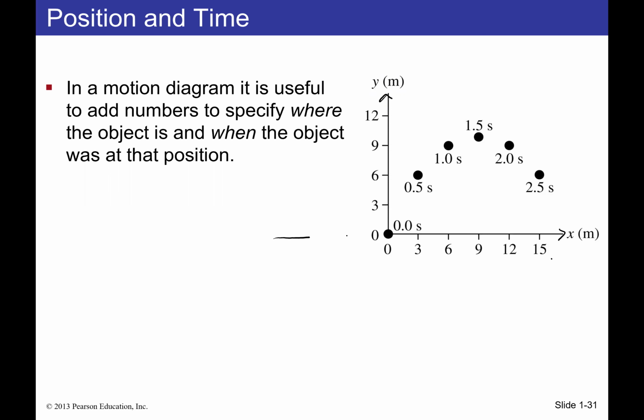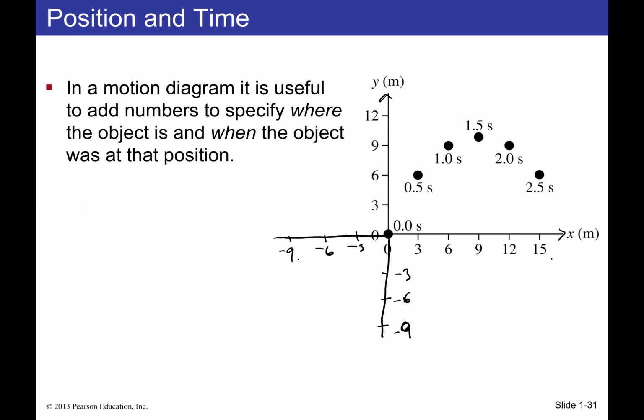So let's say this to the left will be negative position for x, and then down will be negative position for y. Okay, and in terms of -3, -6, -9, we are basically using those to represent position.